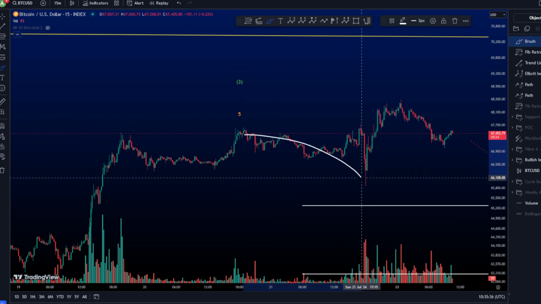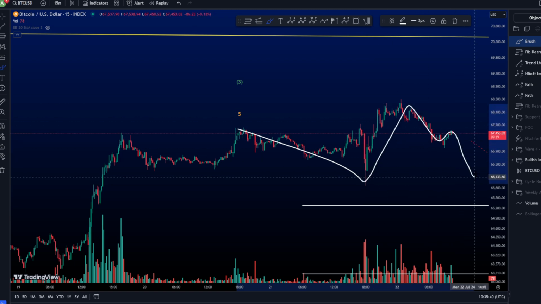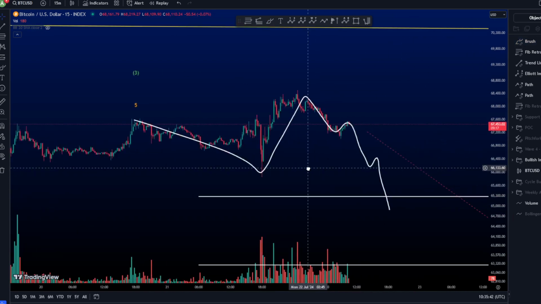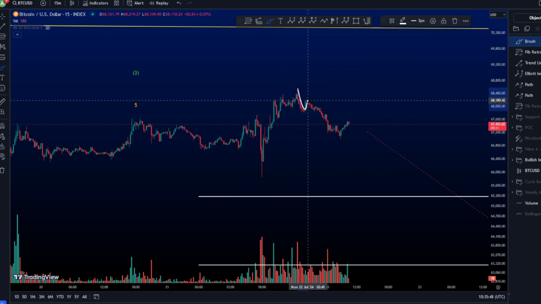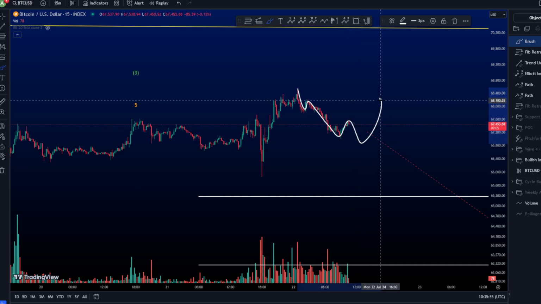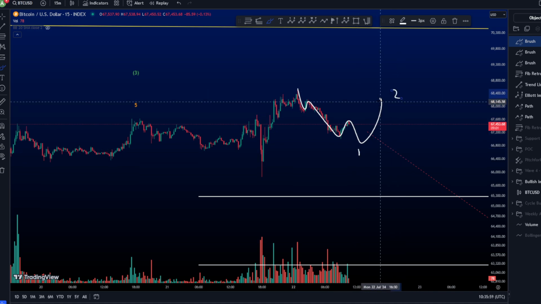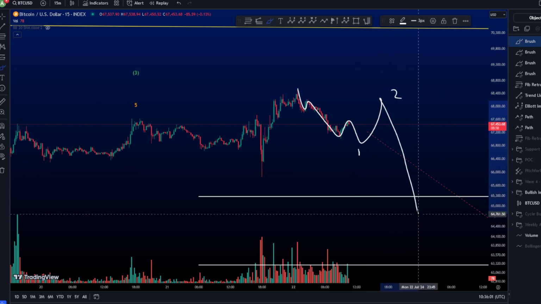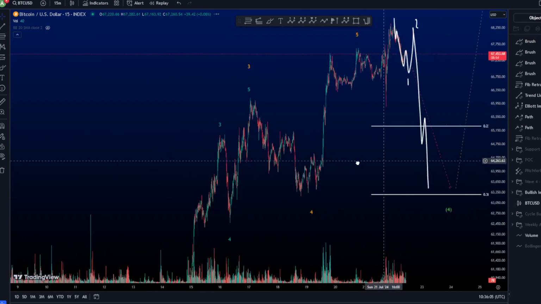We have an A, B, and we are expecting a C in an impulsive way. And we already see now 1, 2, 3, 4. We are expecting 5 and a retracement for wave 2. So this is going to be considered wave 1, 2, and then move down impulsively for 5 to reach our wave 4.